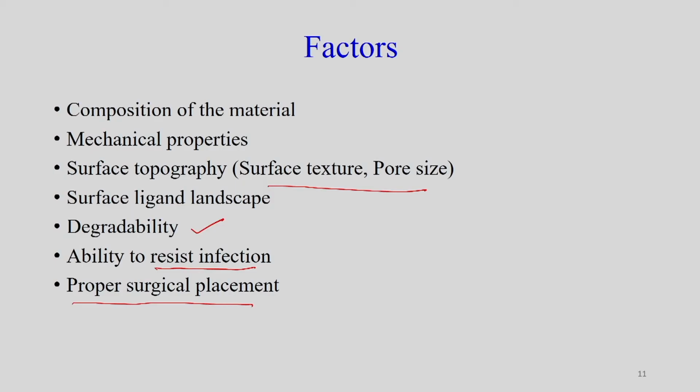And after the cell surface interaction, the first step we call attachment or adhesion, followed by spreading, growth, proliferation, and differentiation. And parallel to this implantation, there is a host cell response. It originates from the surgery or the injury, and also from the presence of the material.